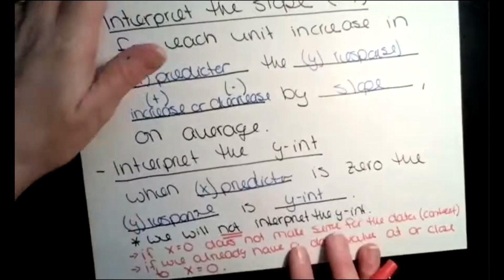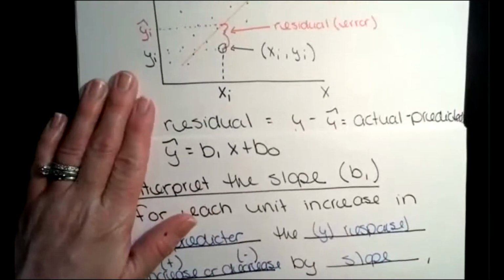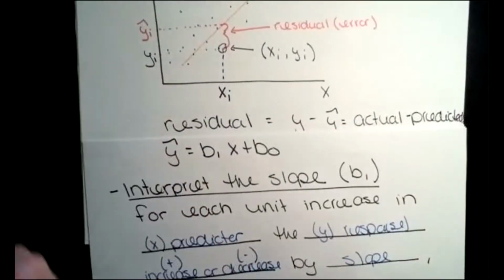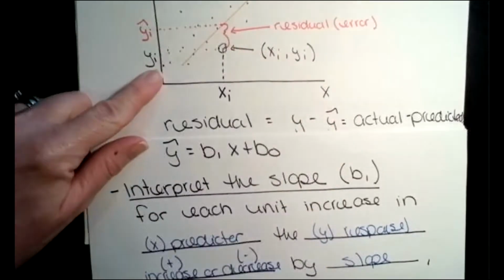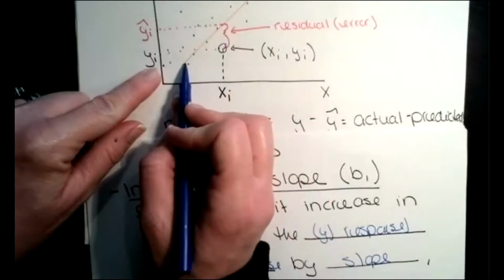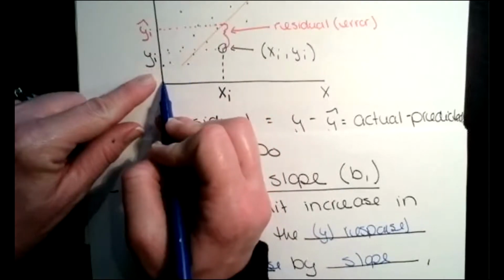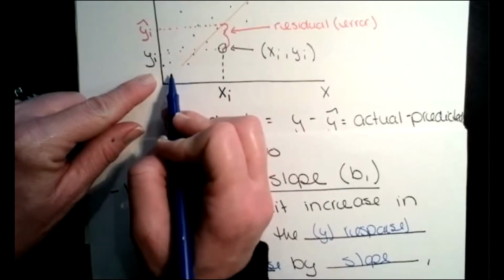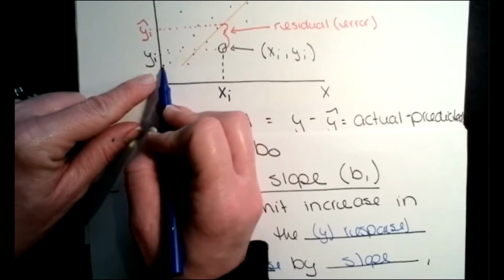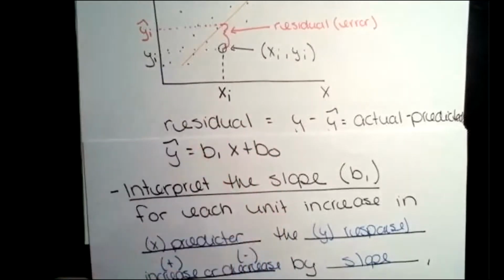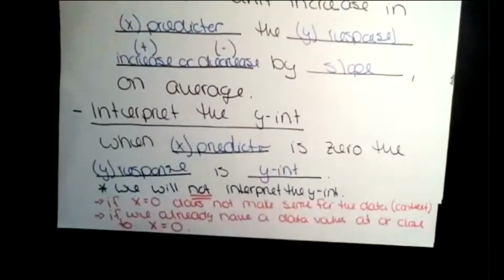Let's take a look at our scatter plot. If we have a point that's pretty close to my y-intercept right here, I'm not going to interpret where my line would say, my y-intercept from my line, which would be down here, when I already have a data value up here. So we don't do it in that case. Those are the two scenarios when we won't interpret that y-intercept.